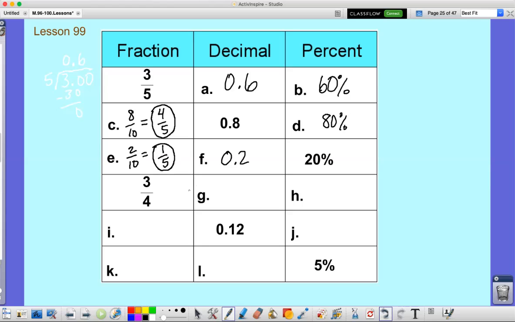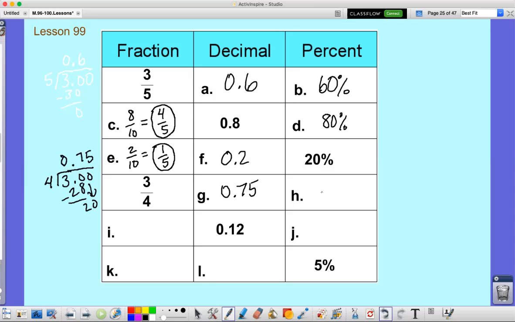Good. Okay, if we have 3/4 as the fraction, this might be something that you already know, but if you don't, you just have to take 3 divided by 4. What is that as a decimal? 0.75.